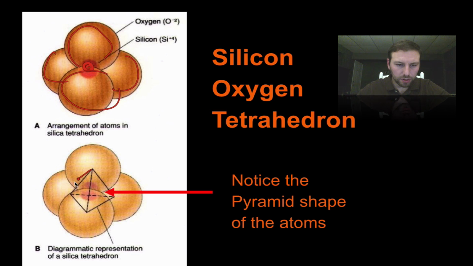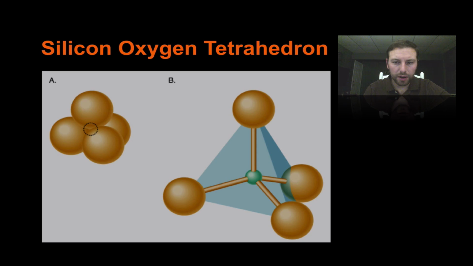If we take a closer look, what we get is an actual pyramid that forms. It's a little bit clearer to see right here. So this oxygen, another oxygen, there's the 4, and our silicon right here. These make up the silicon-oxygen tetrahedron that is found within a lot of different minerals.